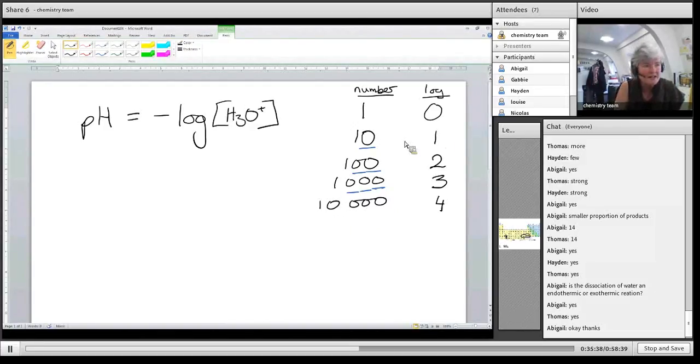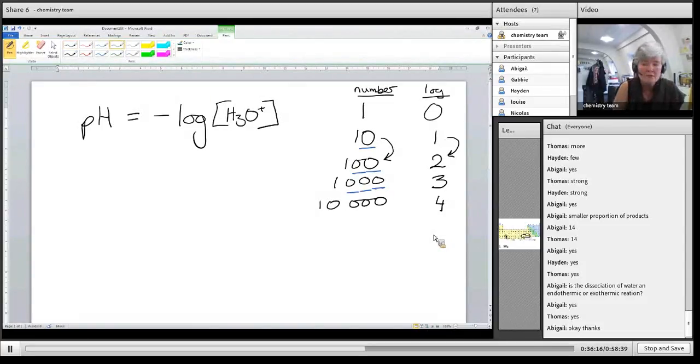So you can see if you go up 1 unit in the log scale, you're going up by quite a large percentage in the normal number scale. Okay, so if you type into your calculator 10,000 log, if you don't come up with the answer of 4, then your calculator may be different. Perhaps you have to say log first and then 10,000 or something like that. So make sure you know how to use your calculator.